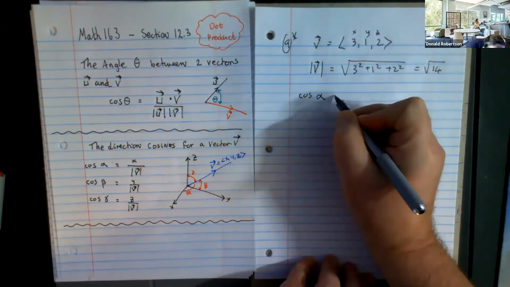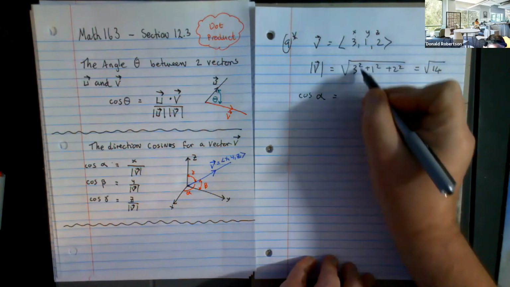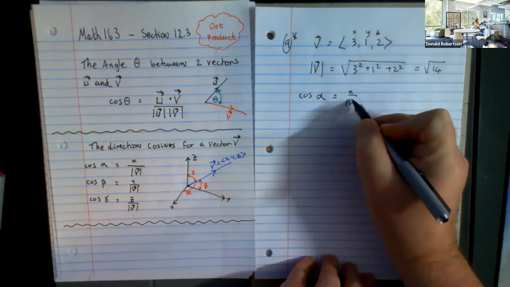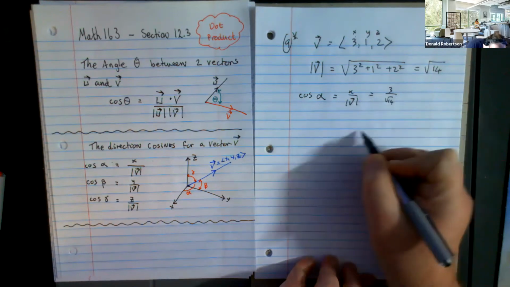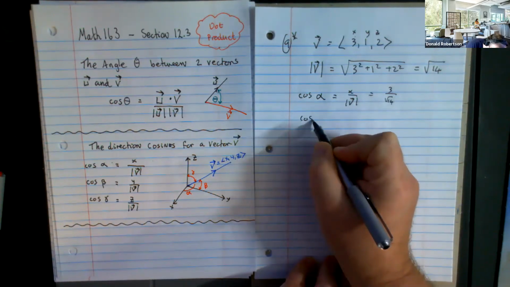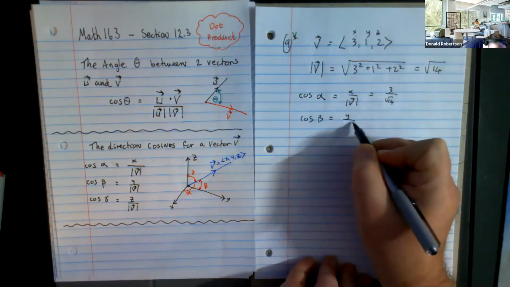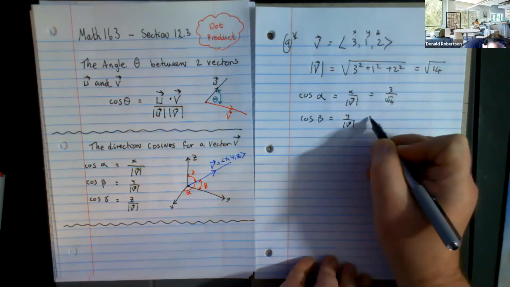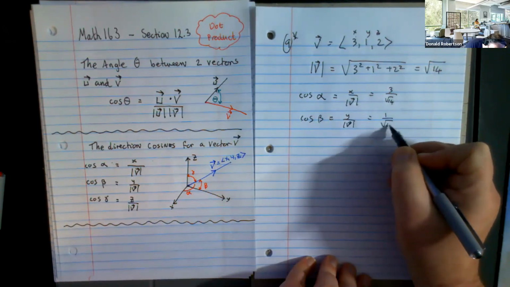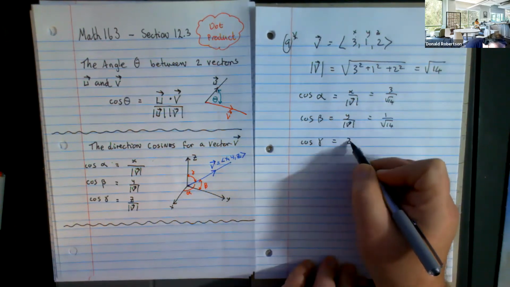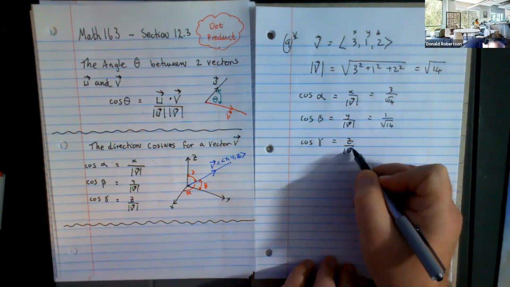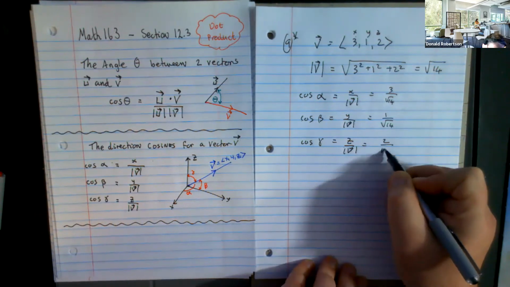The cosine of alpha is X over the magnitude of V, so it's 3 over root 14. Cosine of beta is the Y over that guy, which is 1 over root 14. And the cosine of gamma is Z over this fella, which is 2 over root 14.